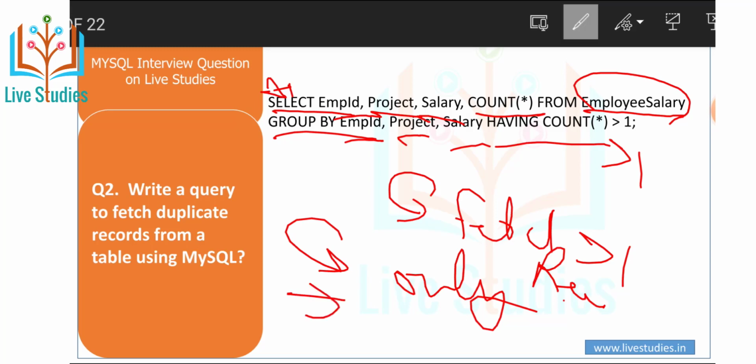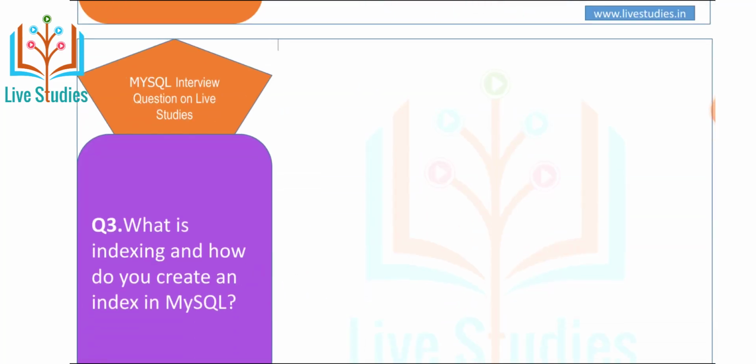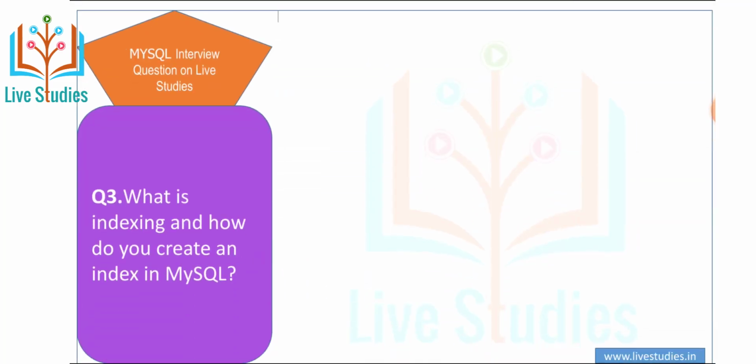Okay, move to another question. Another question is, what is indexing and how do you create an index in MySQL? A database index is a data structure that improves the speed of operations in a table.